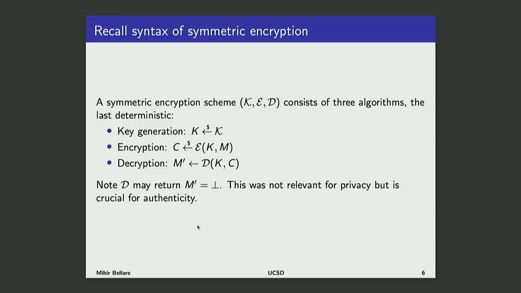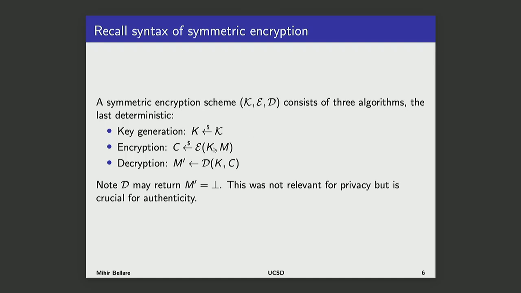So this is just to recall, since the syntax hasn't changed, but it's a while since we studied symmetric encryption, that what a scheme looks like is there's a key generation algorithm, takes no inputs and returns a key, and this indicates the algorithm is randomized, and usually it'll just pick a random key of some length, for example for AES or some block cipher.